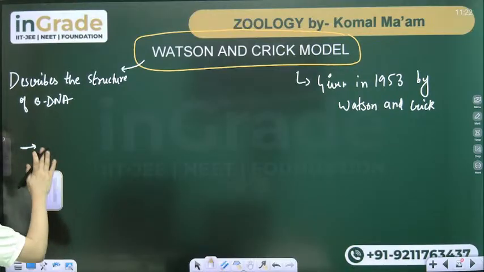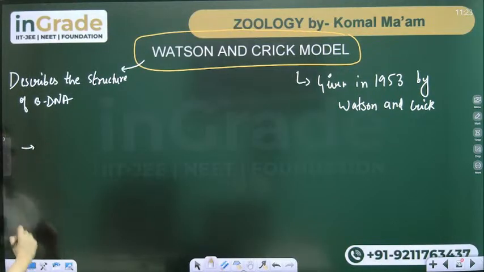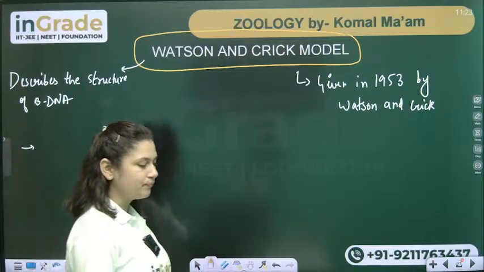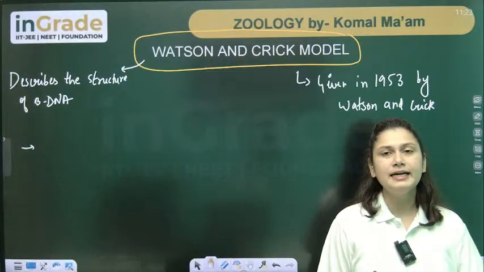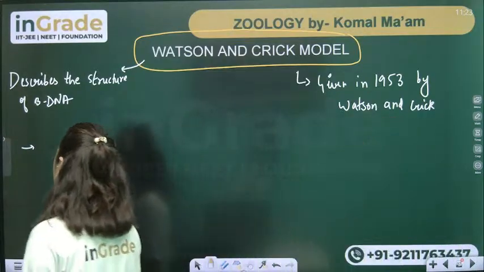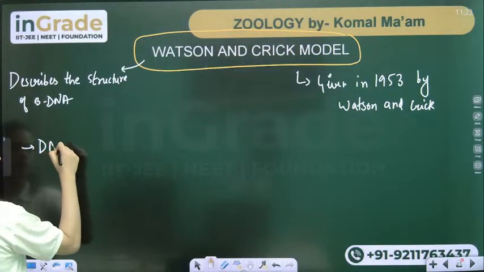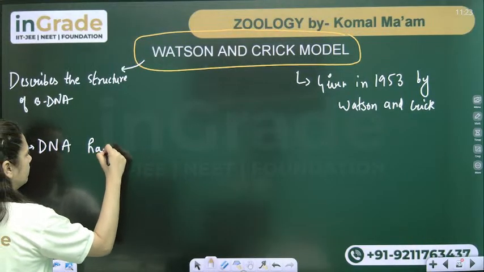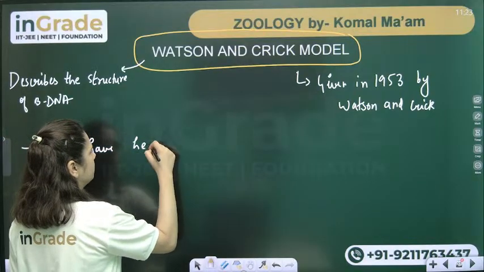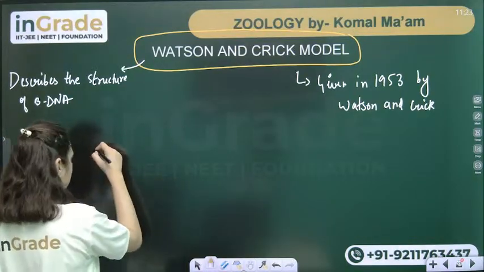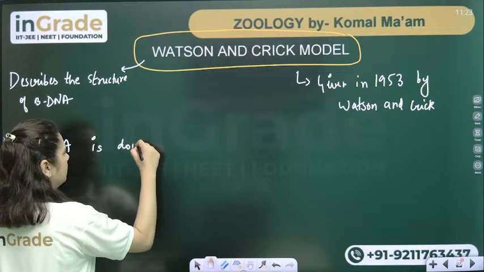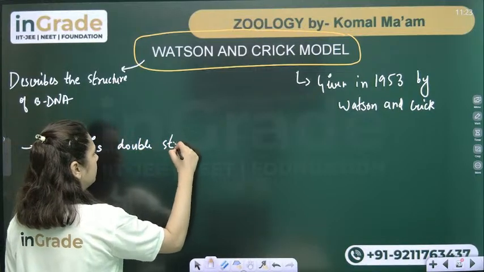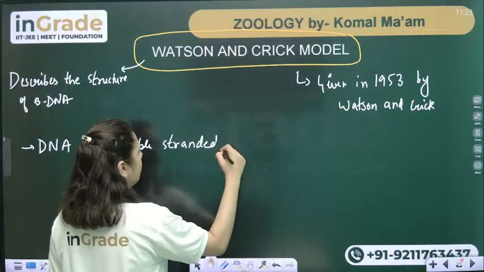Firstly, it tells us that DNA has a helical structure. DNA is a double-stranded helical structure.